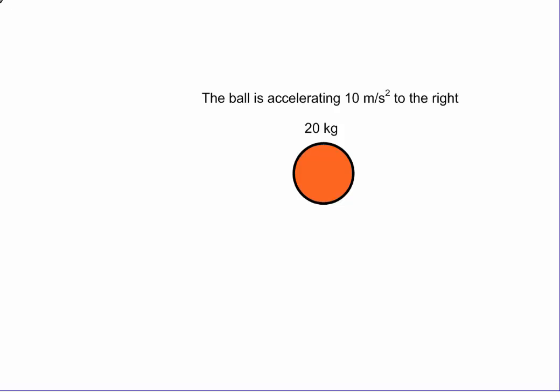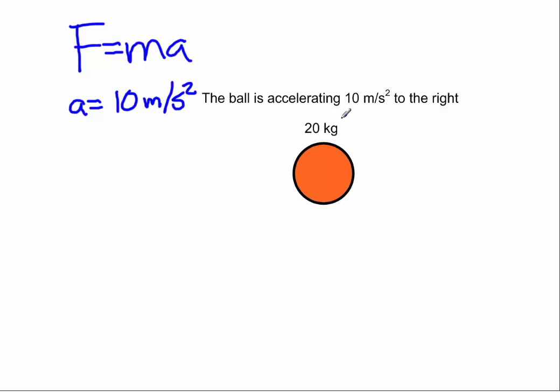Let's take a look at a sample calculation for force. Again, let's remember that the formula is force equals mass times acceleration. So in this case, it says the ball is accelerating 10 meters per second squared to the right. So we're going to write down our givens. It's always a good habit to do that. A equals 10 meters per second squared. Its mass is 20 kilograms. Notice I'm not just writing 20 kilograms, I'm writing what it is: M equals 20 kilograms. We don't know what force is. So let's say we want to find out what is the force acting upon this ball.